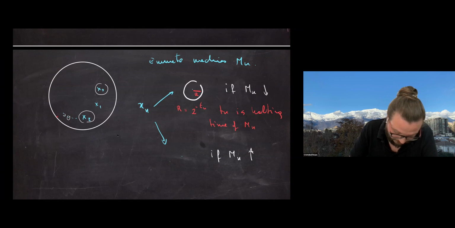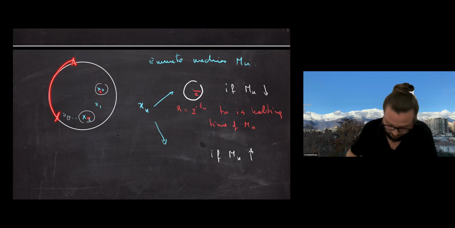So if we were able to compute harmonic measure uniformly at all points, we could solve the halting problem. So harmonic measure is not uniformly computable.